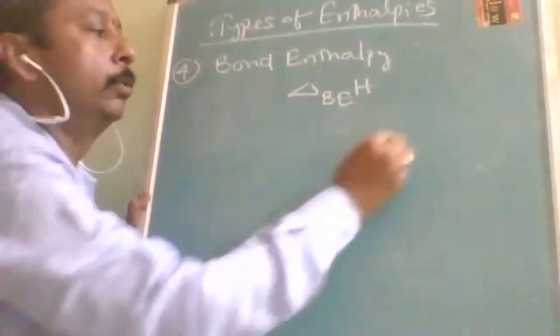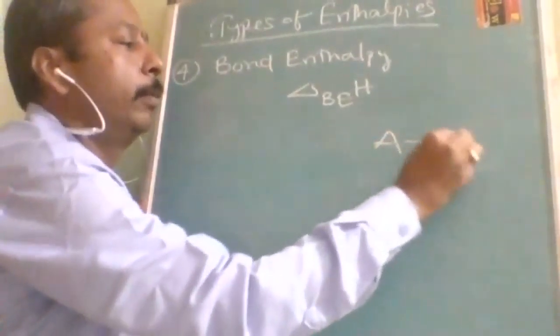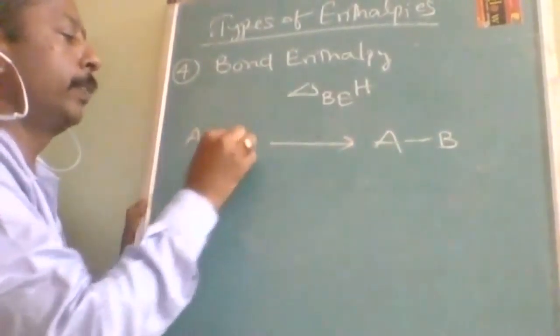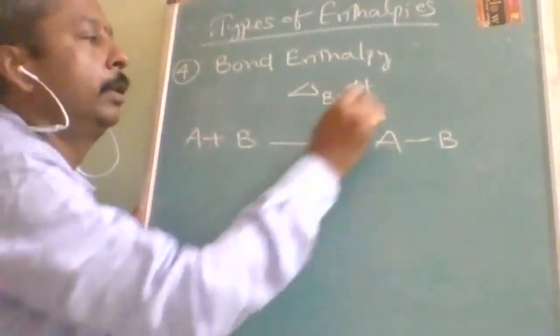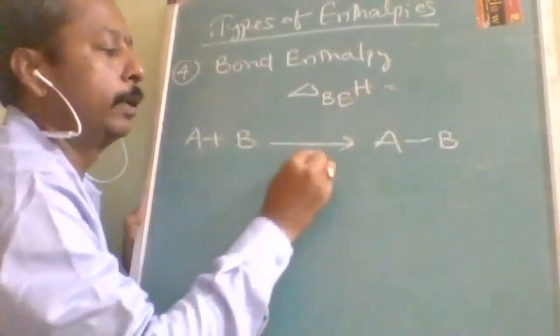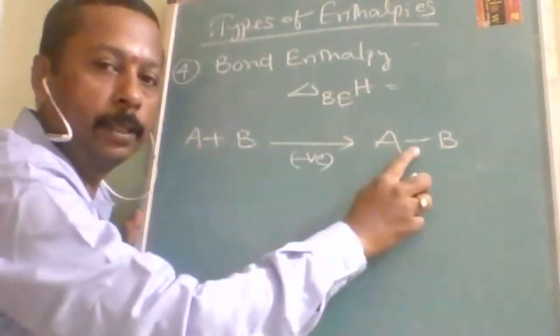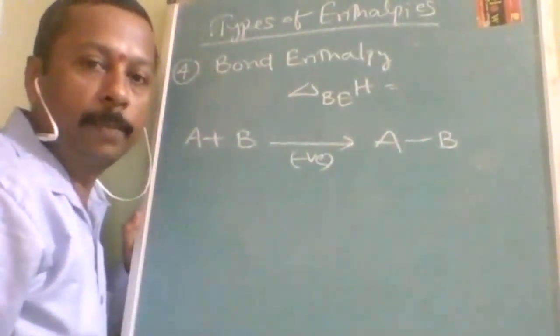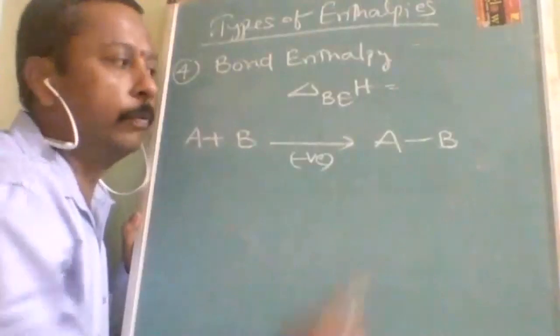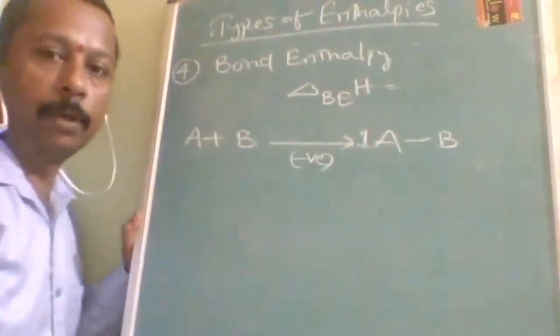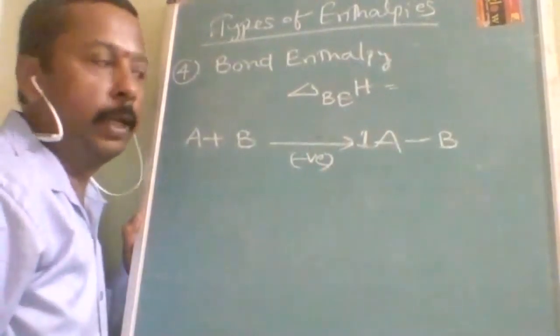Okay, so suppose there is a bond formation between A and B. In this direction, if you take, it is going to be negative because bond formation is there. The amount of enthalpy change during formation of 1 mole of bonds is called bond enthalpy.